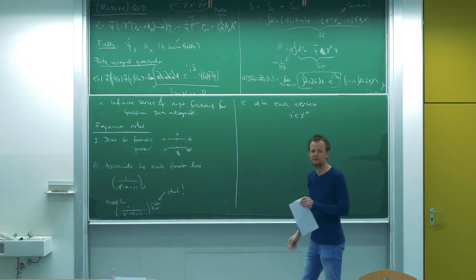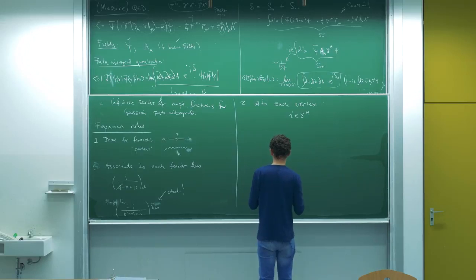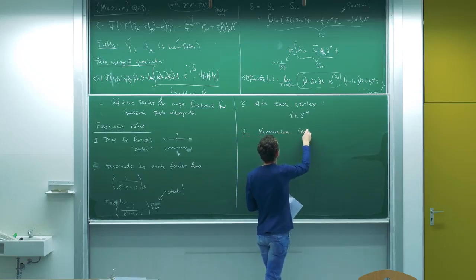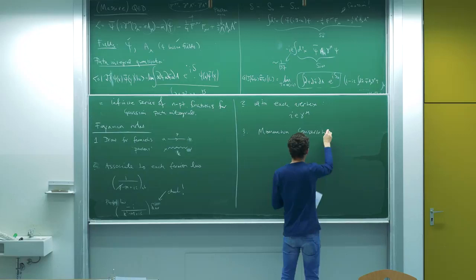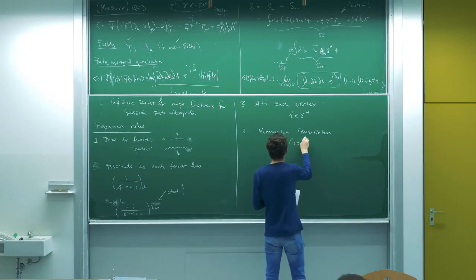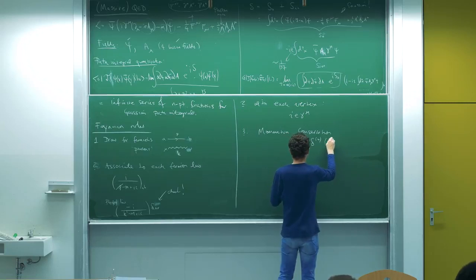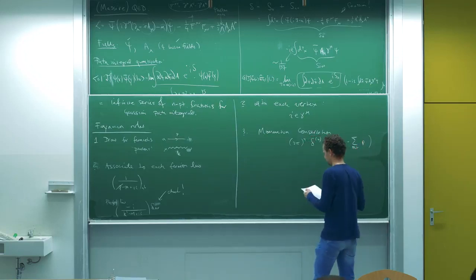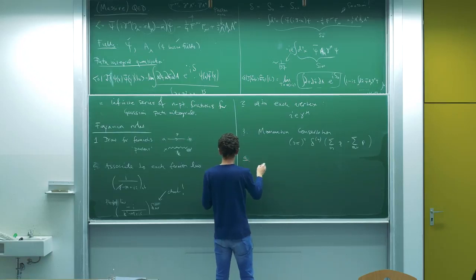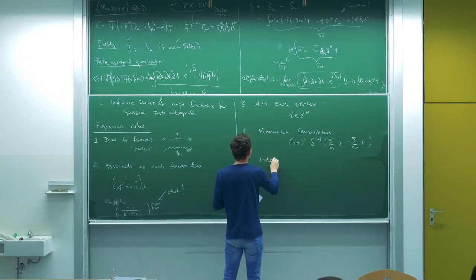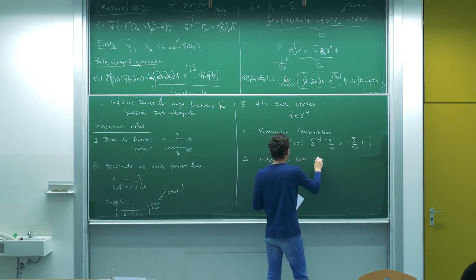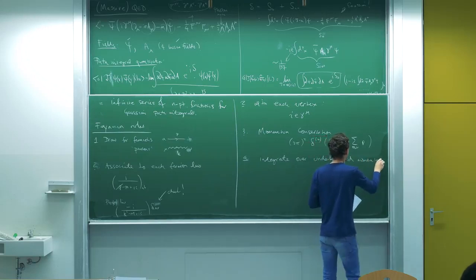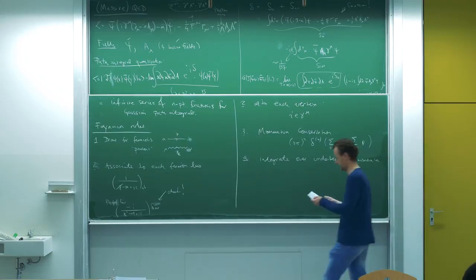With each vertex, we associate a factor of e to the I gamma mu. We impose momentum conservation, by summing the in momentum and the out momentums and making them zero. You integrate over undetermined momenta, one per loop.